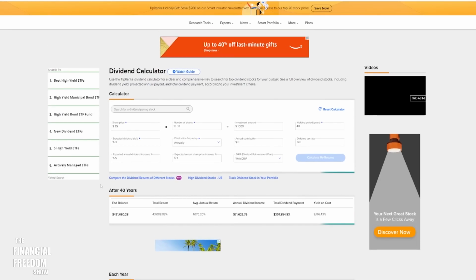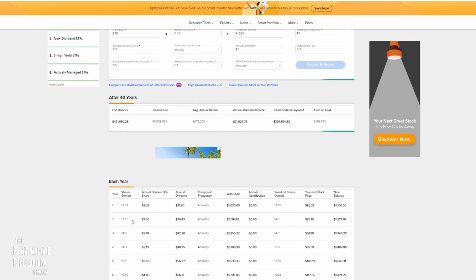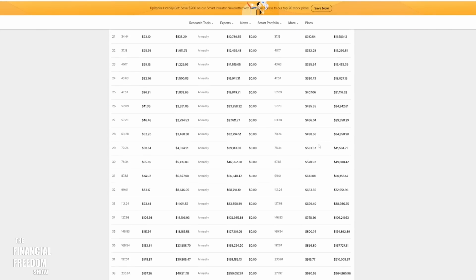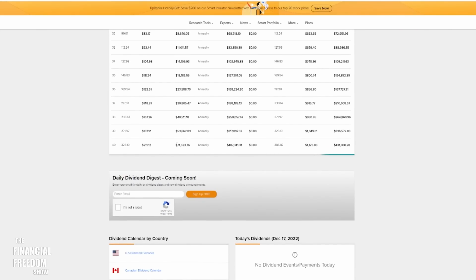You're going to see over the long term, if you have a 5% annual dividend increase with SCHD, your end balance is going to be $431,000, which is actually lower than what JEPI was at the end of 40 years. You're going to see a yield on cost of 9,000%, and your total annual dividend at the end is going to be $71,623.